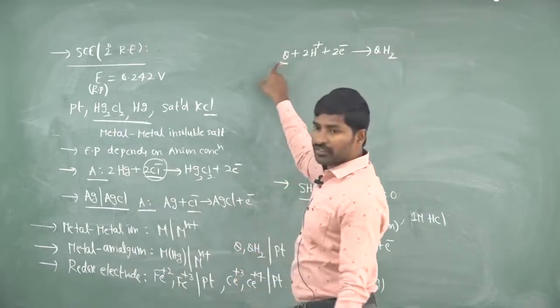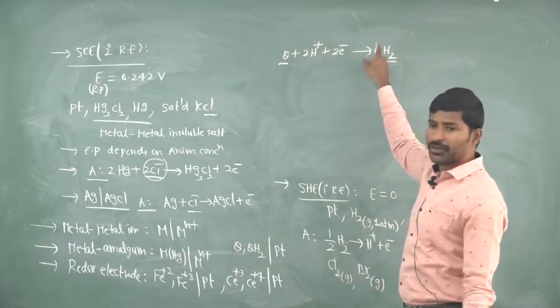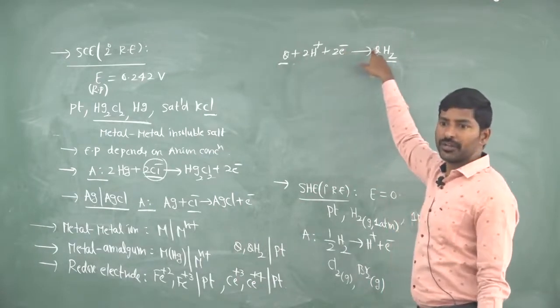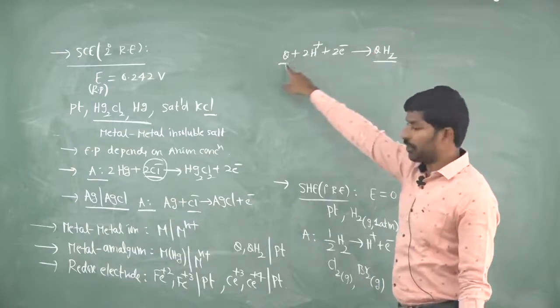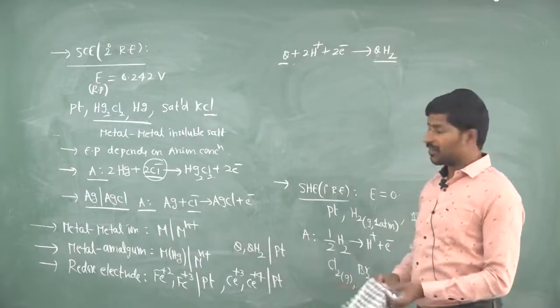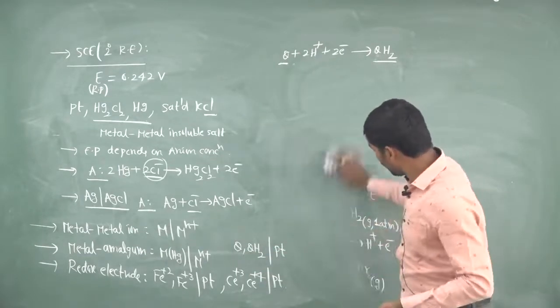So Q is the oxidized form of the quinhydron electrode. What is the reduced form? QH2. Q means quinone, QH2 means hydroquinone. Both are present, that's why it is also an example for a redox electrode. So these are the various types of electrodes we have.